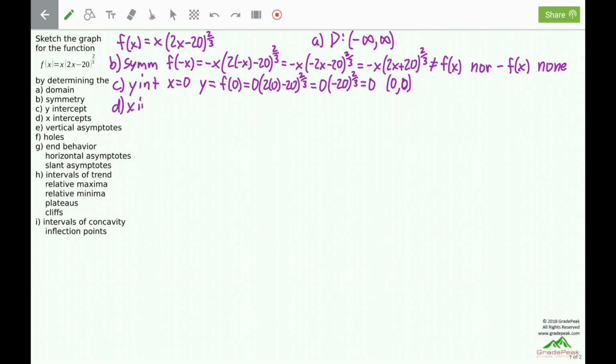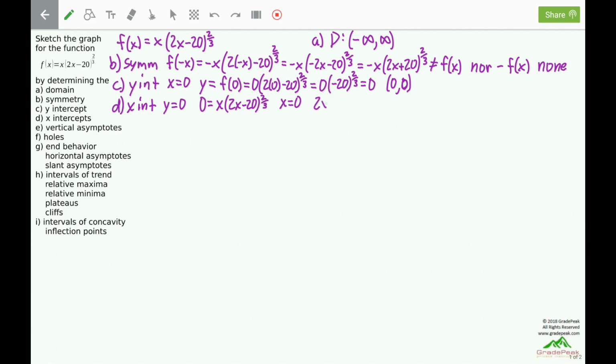For part D, we want to determine the x-intercepts. These are the points where the graph crosses the x-axis, defined by y equals 0. Y, which is f of x, will be set to be 0, and it will be x times (2x minus 20) to the 2/3 power. Because of the x, we have x equals 0 as one of the solutions.